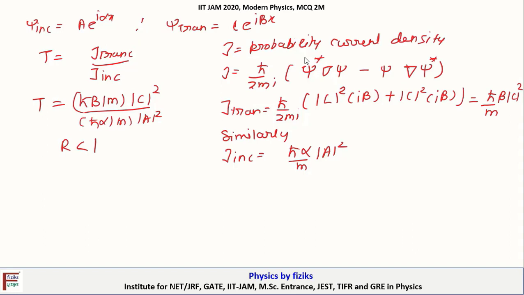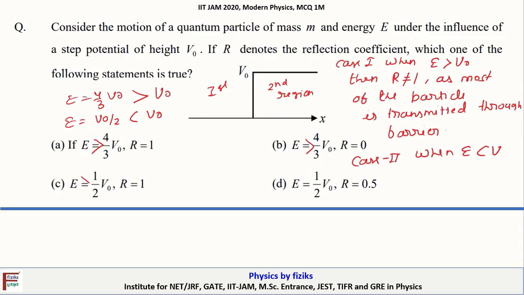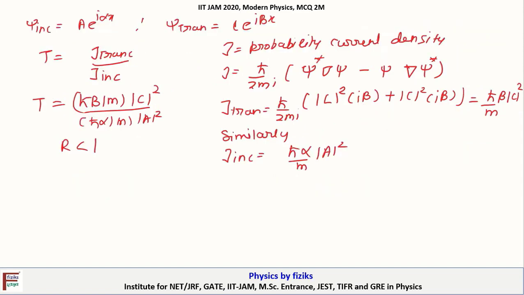R cannot be equal to 1, so this option is not possible. Further, R is not 0 either. So in case 1, R is less than 1, but R is neither 0 nor 1.